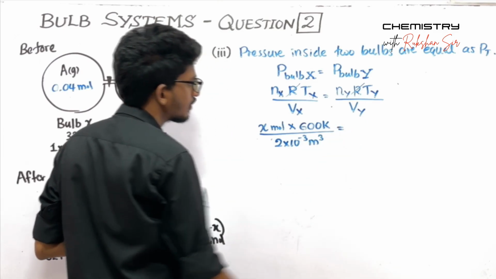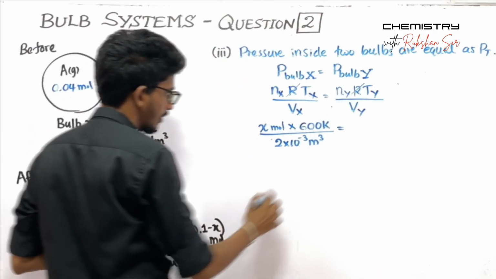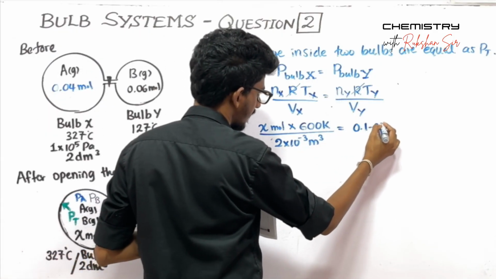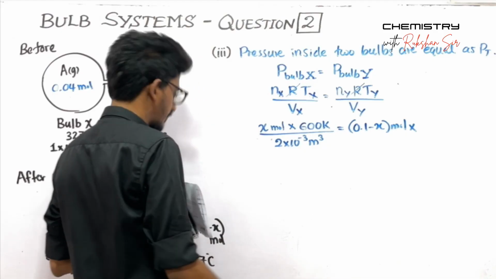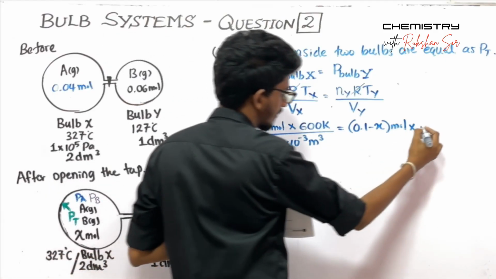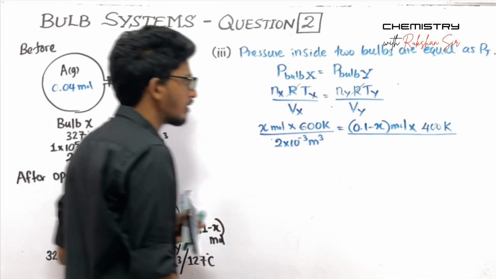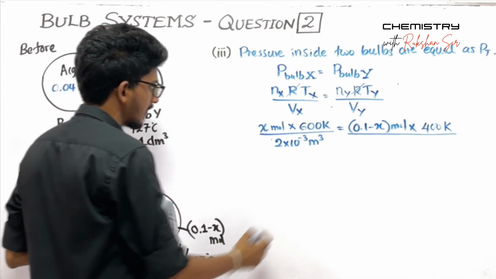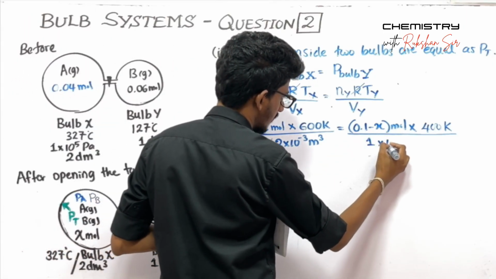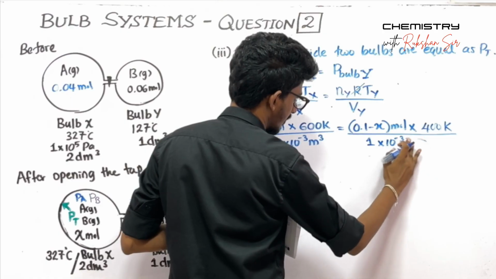That is equal to the number of moles at bulb Y, that is 0.1 minus x, times the temperature 127 Celsius, that means 400 Kelvin, divided by the volume, 1 decimeter cubed, so 1 into 10 to the power minus 3 meter cubed.